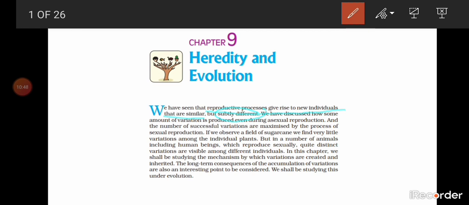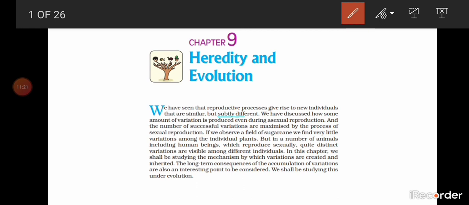Whether the organism goes through asexual or sexual reproduction, their offspring, or their new babies, do not look exactly like their parents, but are different from their parents in a slight variation. Subtly means slightly different.